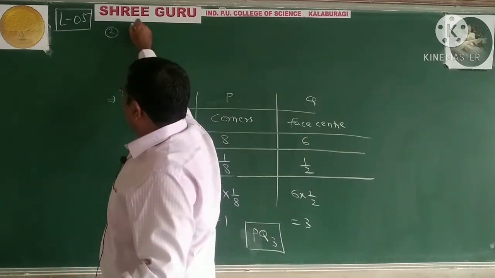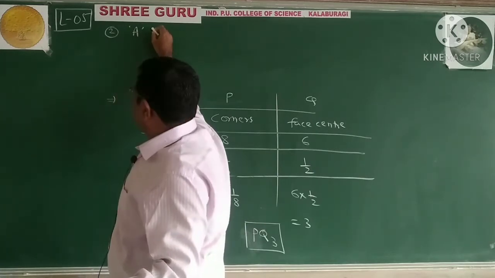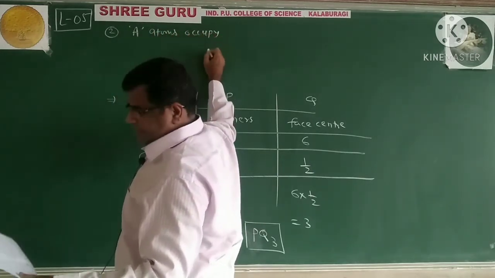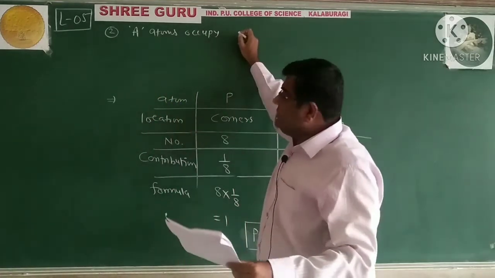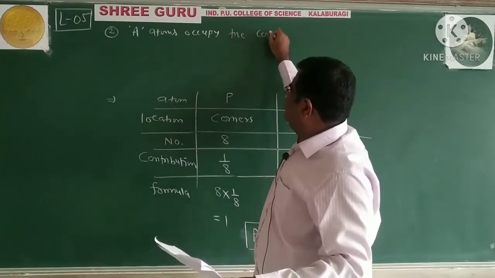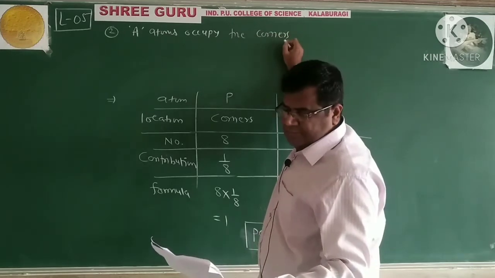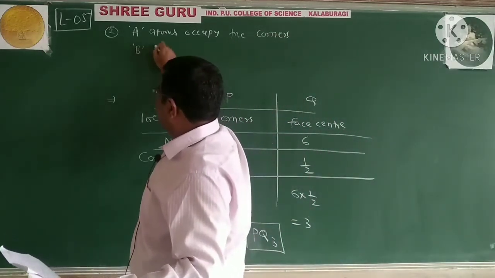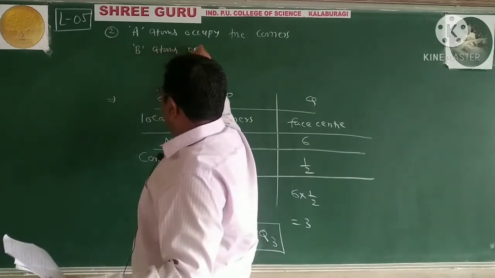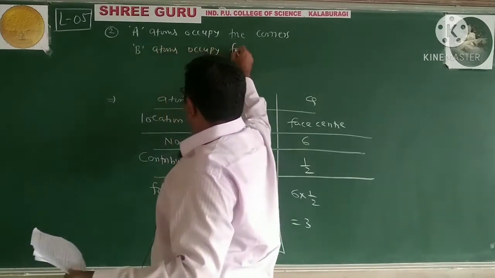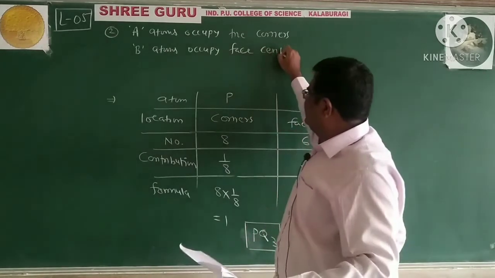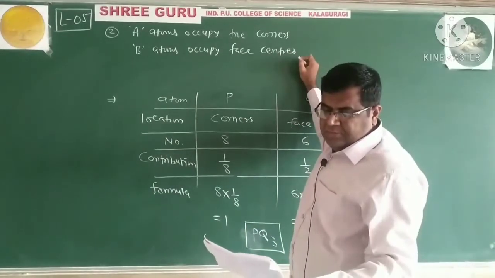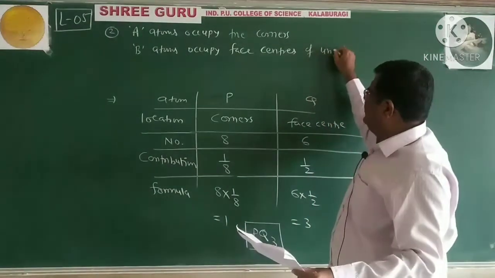A atoms occupy the corners. B atoms occupy face centers of the unit cell, of course.